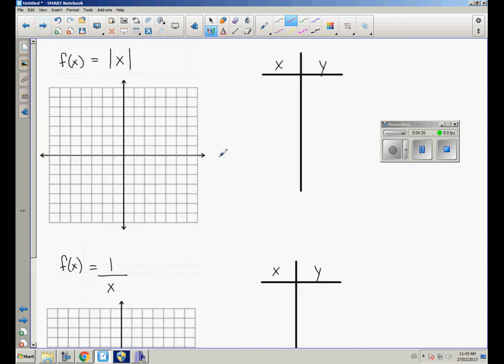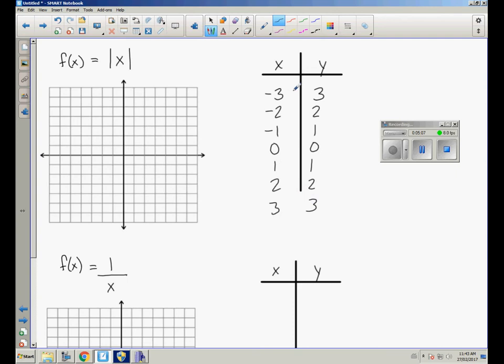Okay, the next one, the absolute value function. This one is a bit new. You did cover it before, but we haven't looked at it yet in this class. If we take x as -3, the absolute value of -3 is 3. So there's our y value. -2, 2, -1, 1, absolute value of 0 is 0, 1, 1, 2, 2, 3, 3.